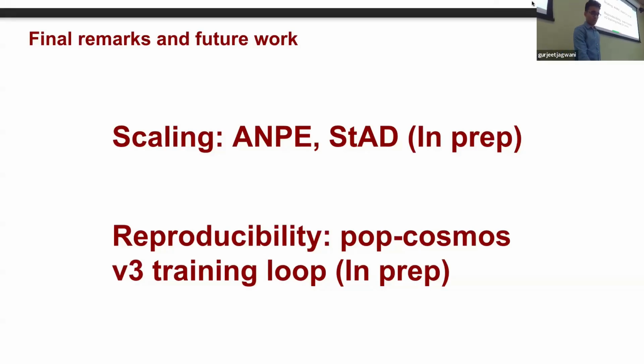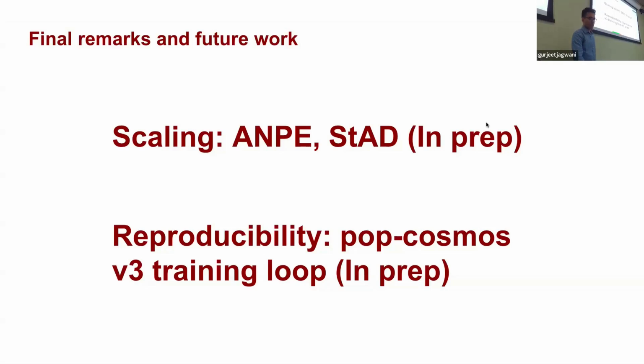And in terms of doing better on the reproducibility, we are looking to develop the Pop Cosmos pipeline even deeper. We're going to be using the JWST data coming in.